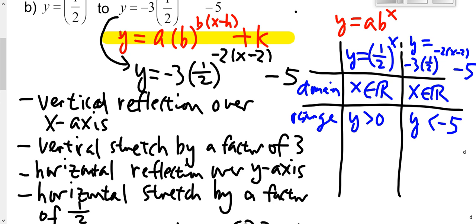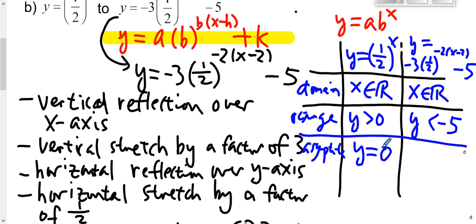Okay, and then for the asymptote, this is the normal graph. So just like the last example, y equals 0 because that's an invisible line. If you look at this exponential function, I hope you can see that the graph would never touch and cross -5.